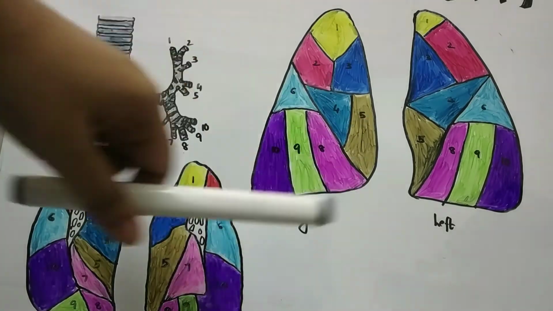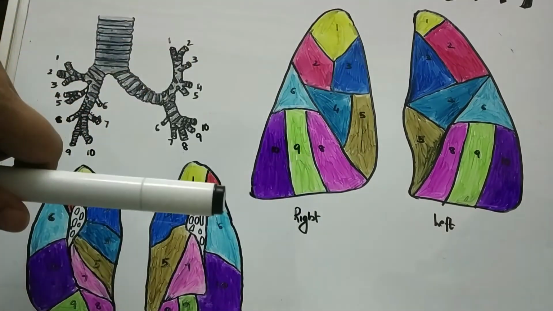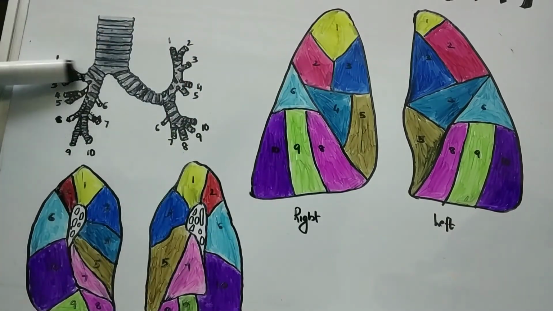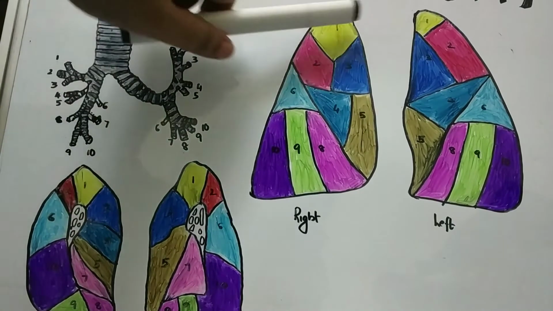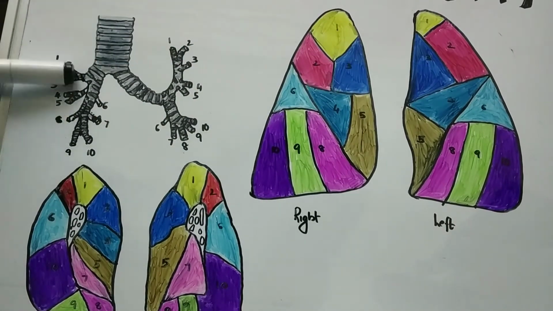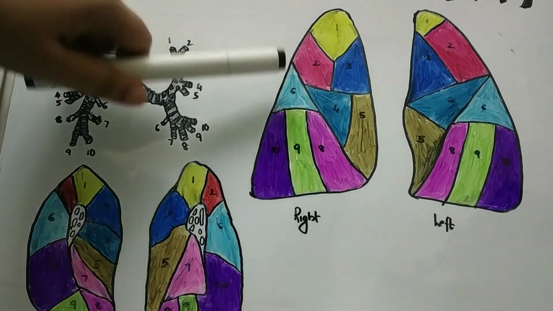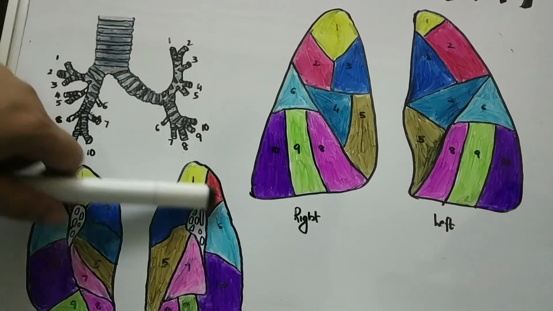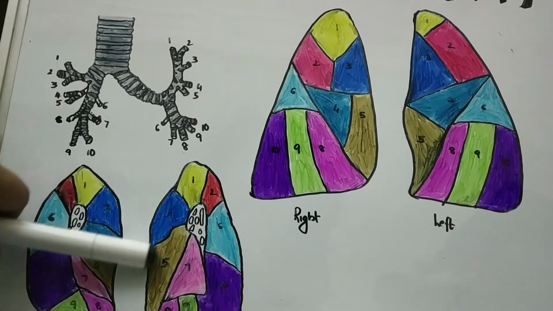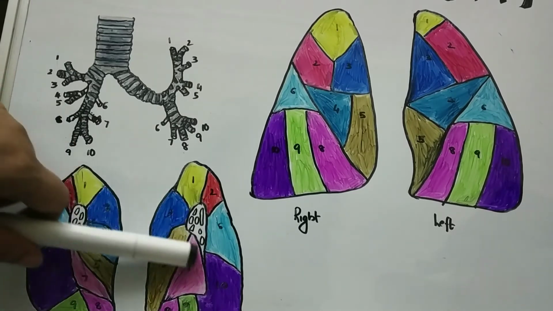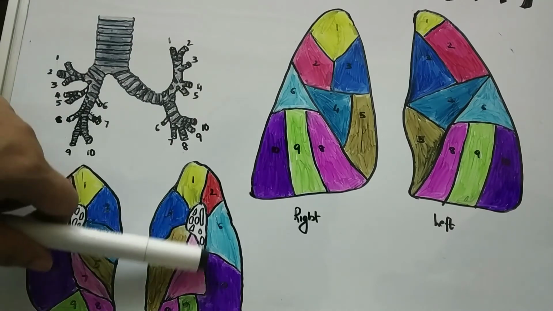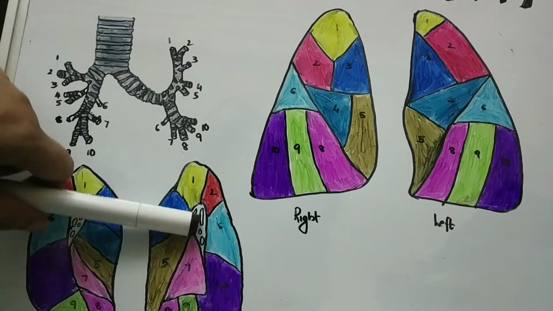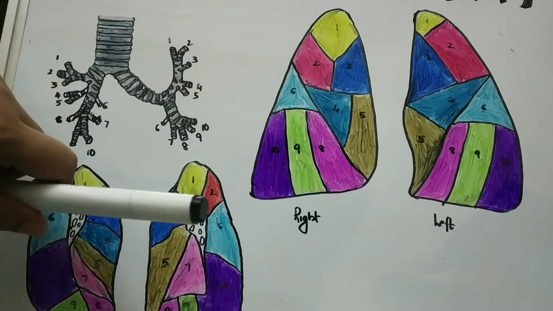So what is the speciality of these bronchopulmonary segments? Each of these segments has a tertiary or segmental bronchus, and each segment is pyramidal in shape with its apex directed towards the root. In this figure you can see that each segment has a pyramid shape with apex directed towards the root.